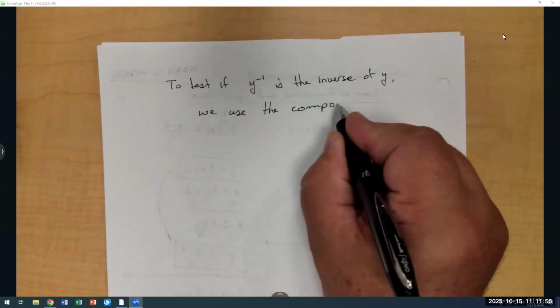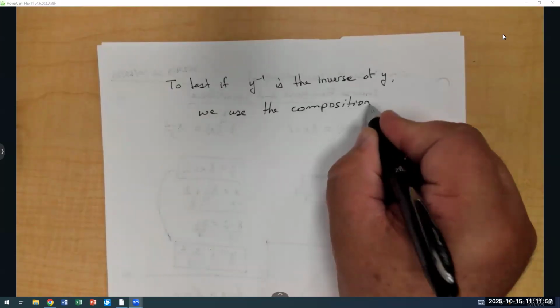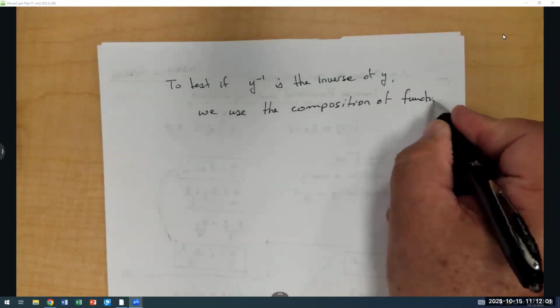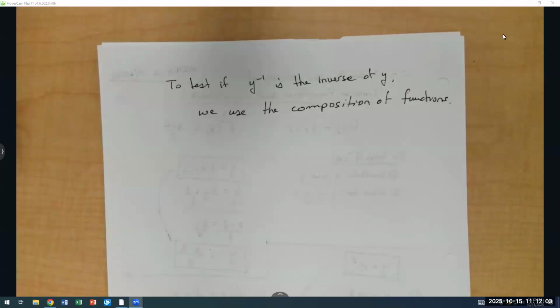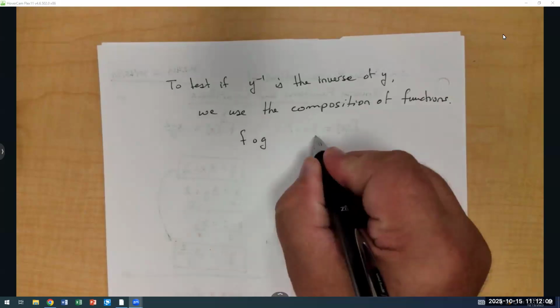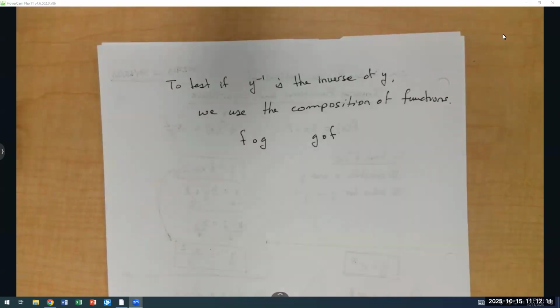We use the composition of functions. More so, we use the f of g and g of f method. Do you remember what that meant?